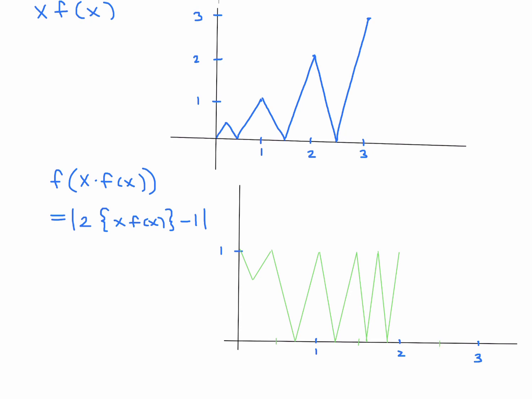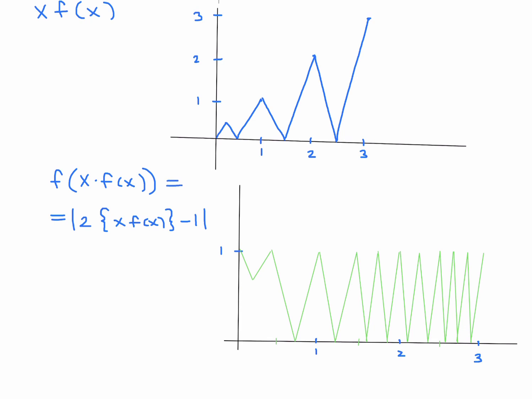And then from 2 to 2.5, it will again come back down and go back up twice. So once, and then twice, and then once, and then twice. But then from 2.5 to 3, it'll come back down and up 3 times. So once, twice, once, twice, and then a third time here. So like that. And that's the pattern.